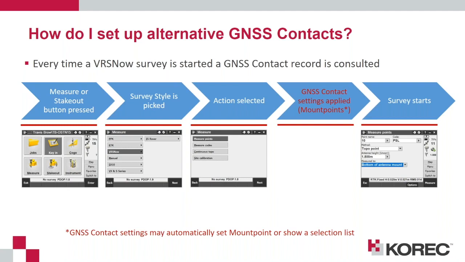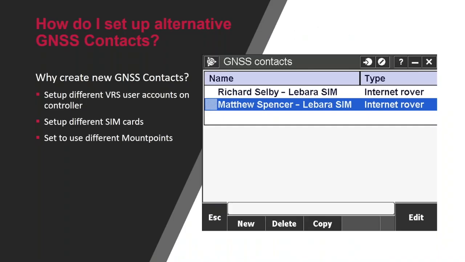You can change the settings in Access so that the operator has to pick a specific GNSS contact record each time they start a VRS survey. So, given the question at the start, why might you want this to happen?